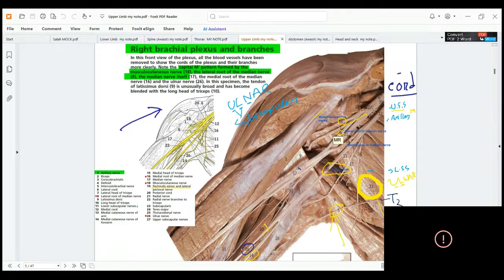Number 18 musculocutaneous, number 1 axillary, number 8 lateral root of median nerve, number 16 medial root of median nerve.